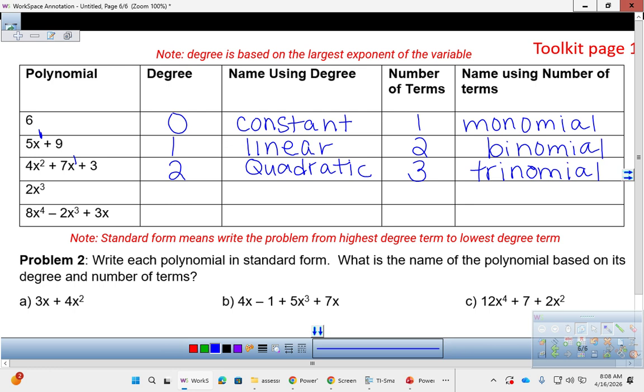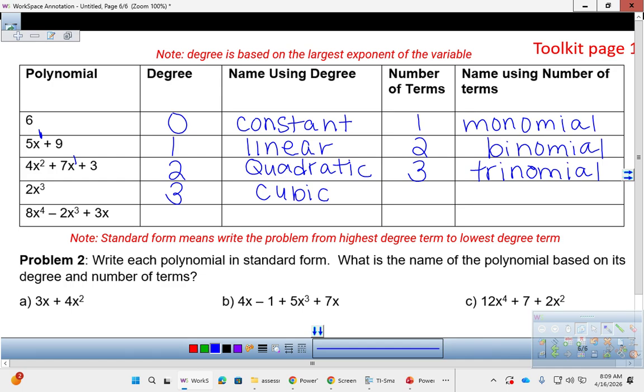The highest degree on this, the highest exponent on this is 3. Things to the power of 3 are called cubic. Again, doesn't really make sense because when I think of a cube, I think of 6, right? 6 sides of a cube, but a cubic is actually to the power of 3.